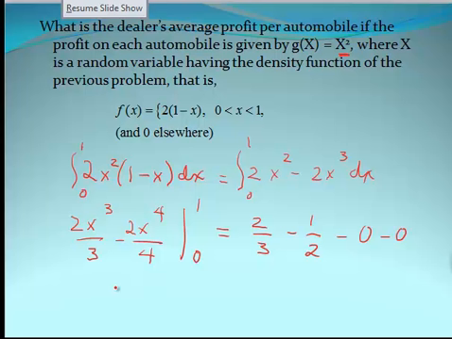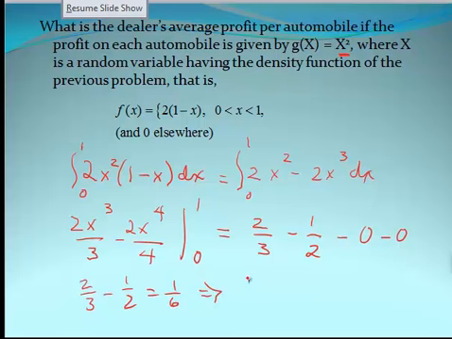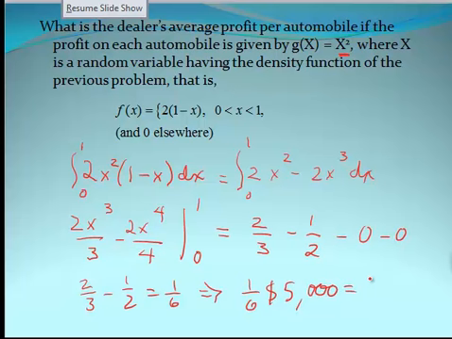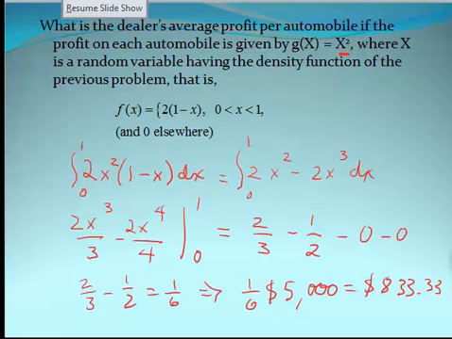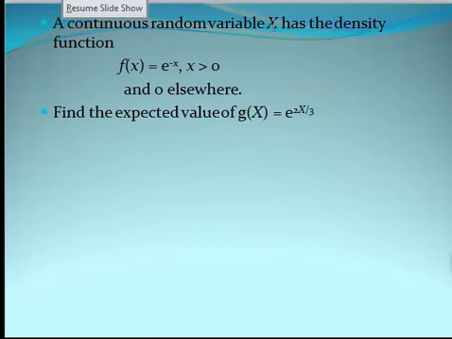So the answer is 2/3 minus 1/2, which is 1/6, and so we'll take 1/6 times 5,000, and there we go. It's $833.33.